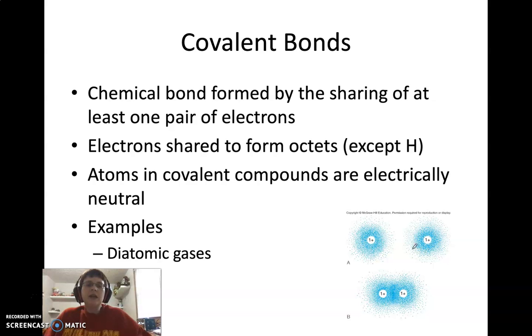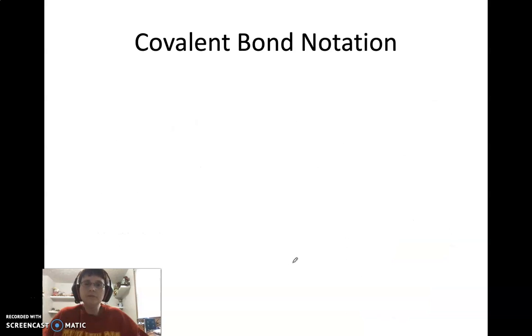So 2 hydrogens are going to come together, and they're going to share those 2 electrons and become a covalently bonded molecule. Other diatomic gases that are in covalent bonds are things like oxygen, nitrogen. Those are the major ones that you know. Chlorine will also do a covalent bond.